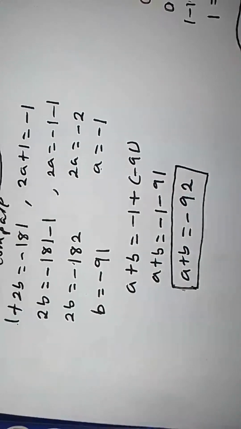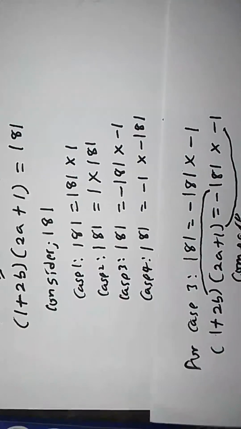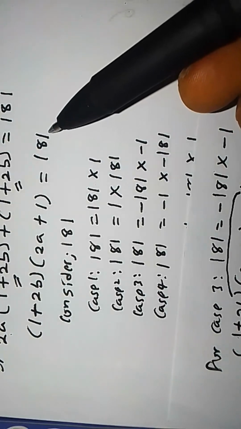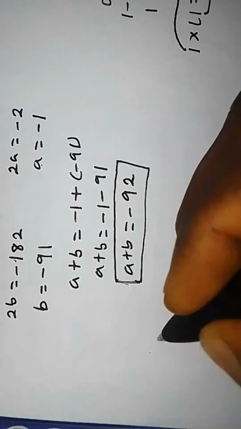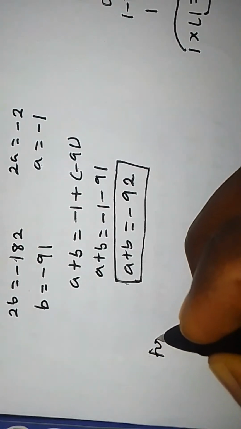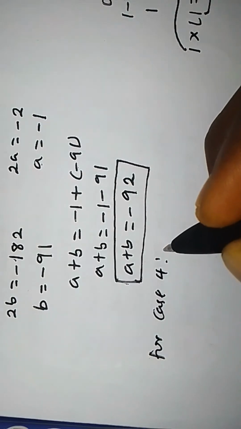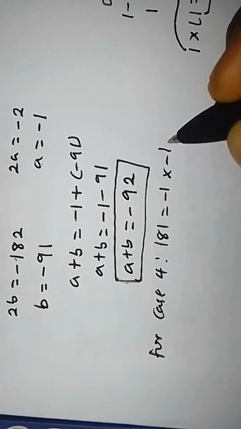Now, last but not the least, let us consider the fourth case, case 4. What we have to do is to replace this 181 with minus 1 times minus 181. Let's do that quickly. So for case 4, 181 is equal to minus 1 times minus 181.